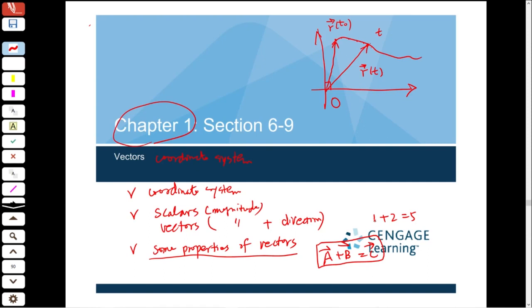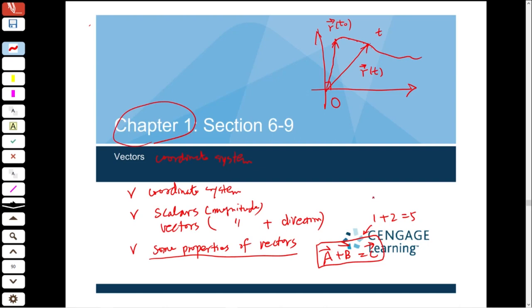We know very well how to add two numbers, but this notion can be extended to vector addition, vector subtraction, vector multiplication. Mathematicians have invented all these things.